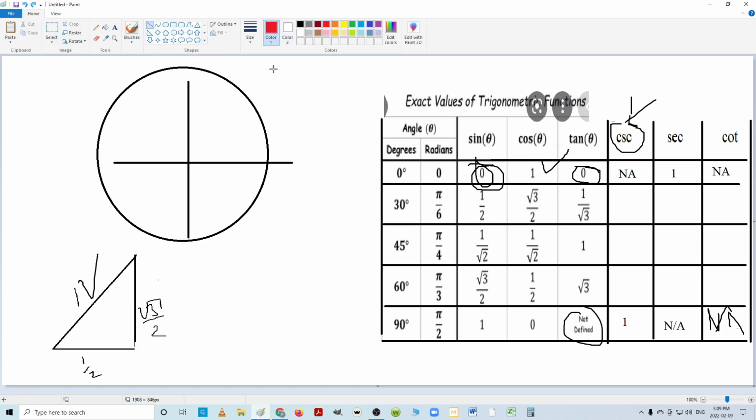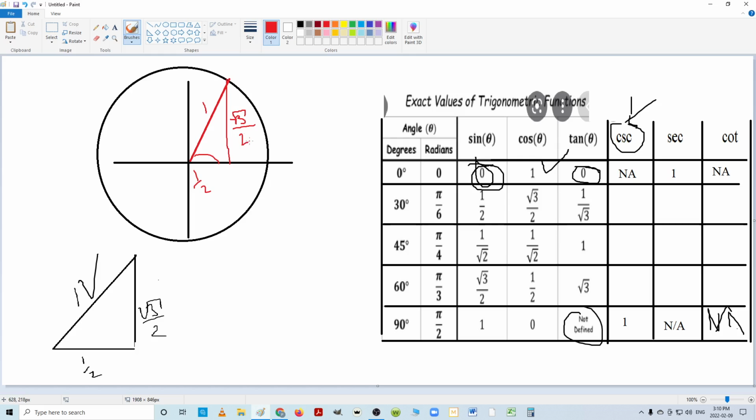I'll draw it in red right here, because the hypotenuse is 1, so it fits within my unit circle, which has a radius of 1. And I discover this length over here is a half, and this height over here is the square root of 3 over 4, which is square root of 3 over 2.